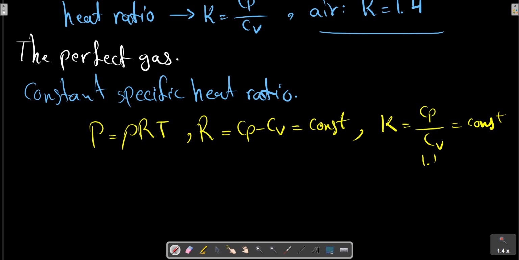For air this is 1.4. For all real gases, let me write, it is for perfect gas, for our real gas.